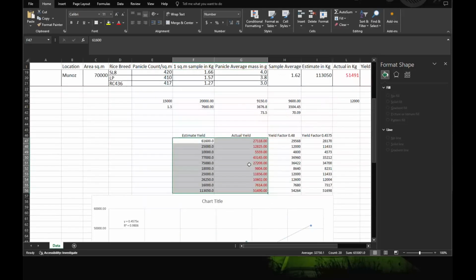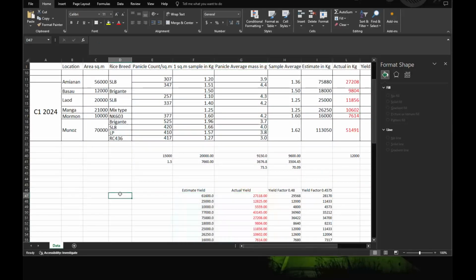The thing that I'm really interested in are these farmers that are getting 15 tons per hectare. I would really like to see what their data look like. I would like to see their panicle count.